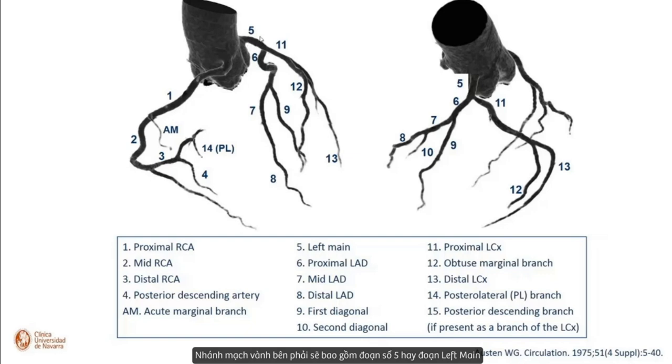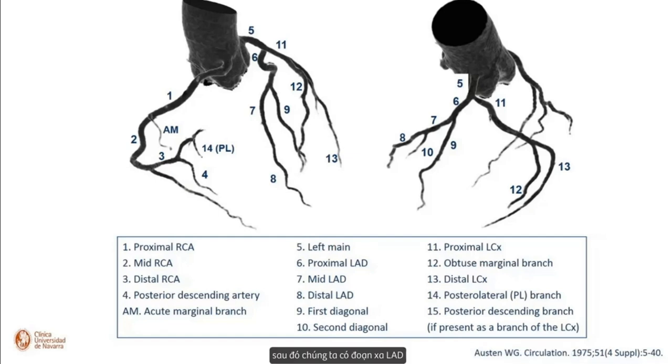In the left coronary artery we've got the segment 5 or left main, and then we've got the proximal, mid, and distal LAD. The LAD gives off diagonal branches. Here we're seeing one diagonal branch. This patient only has one diagonal branch. The transition between the proximal LAD and the mid LAD is usually either the first diagonal branch or the first septal branch.